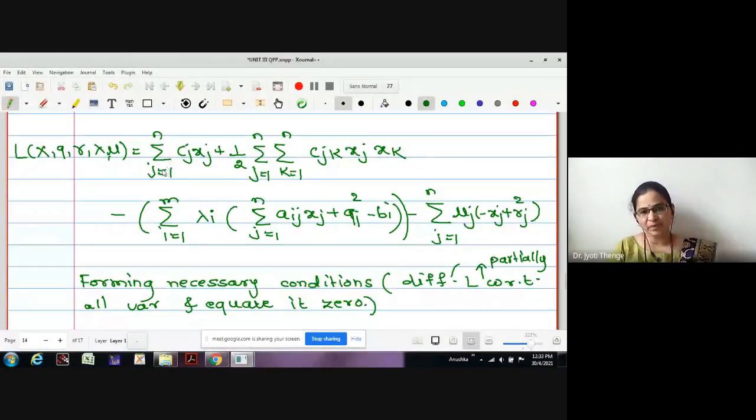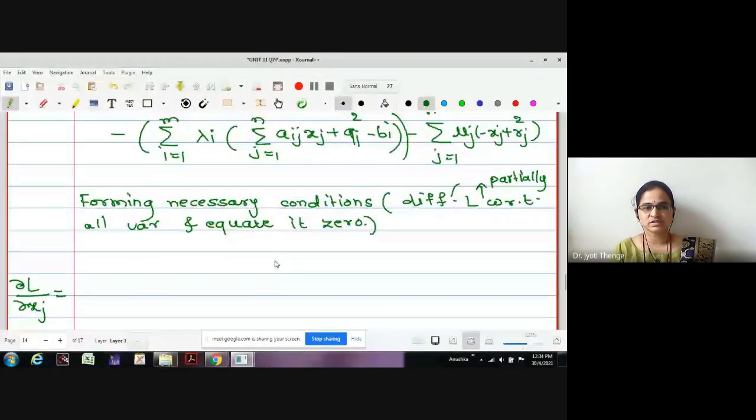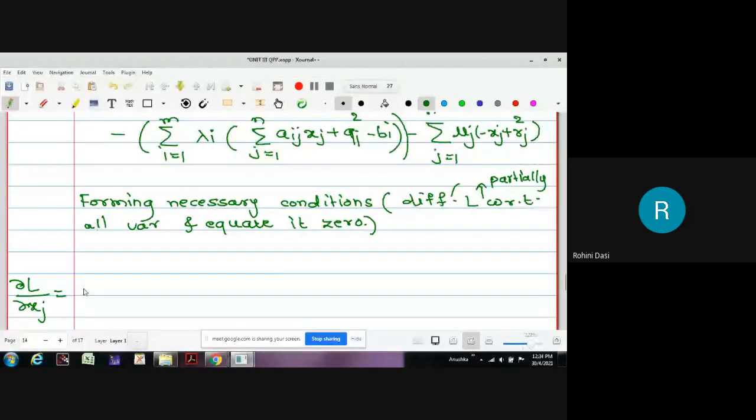If I elaborate the sum, this is of the type c1x1 plus c2x2 plus dot up to cn xn, and now we are differentiating with respect to arbitrary variable xj. So what will be the derivative of this first summation term? Yes, students? Cj. Yes, it is cj.